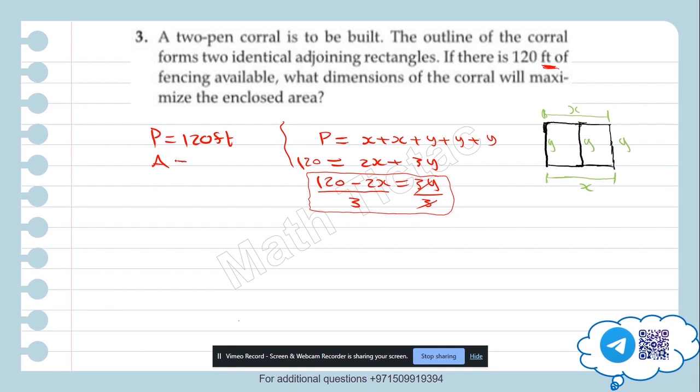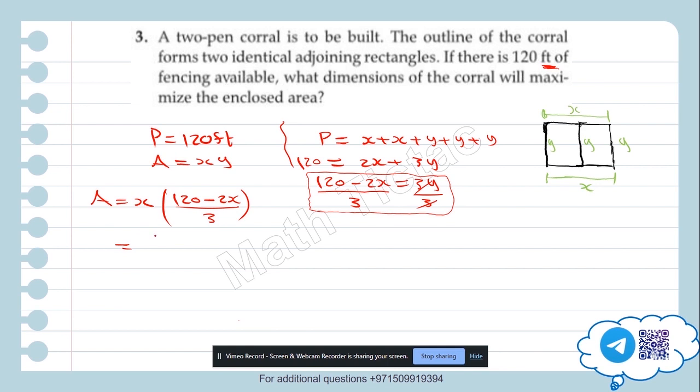Now we need to maximize the area. The area is equal to x multiplied by y, the length multiplied by the width. So in here, area is equal to x multiplied by (120 minus 2x) divided by 3. Now let's simplify it more.